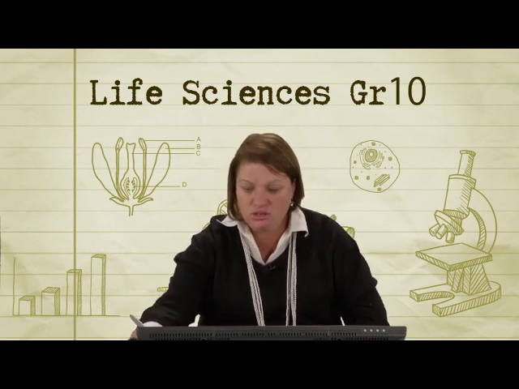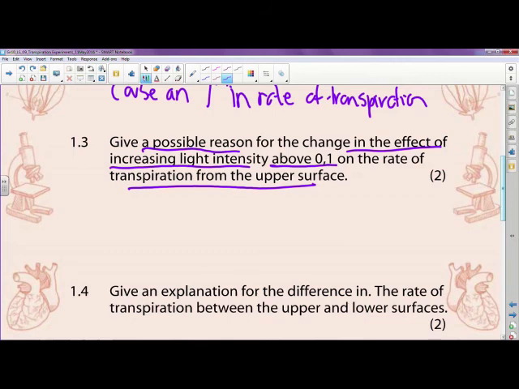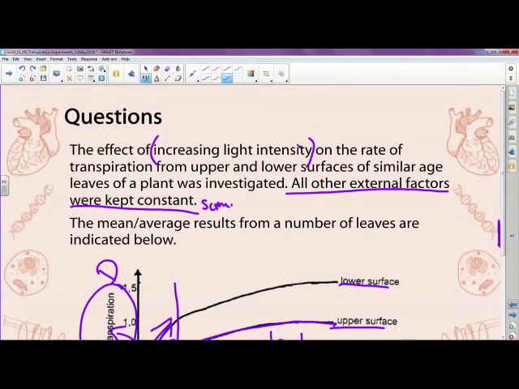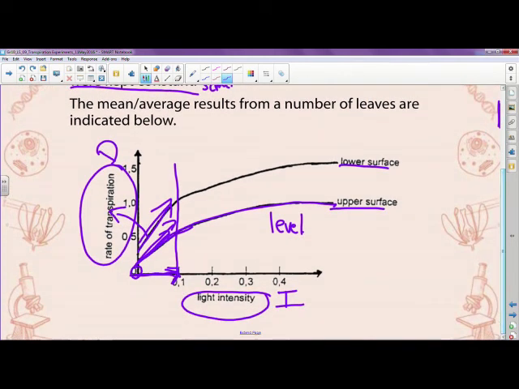So the question asks you to give a possible reason for the change in the effect of increasing light intensity above 0,1 on the rate of transpiration from the upper surface. The next question actually helps with that explanation a bit more.